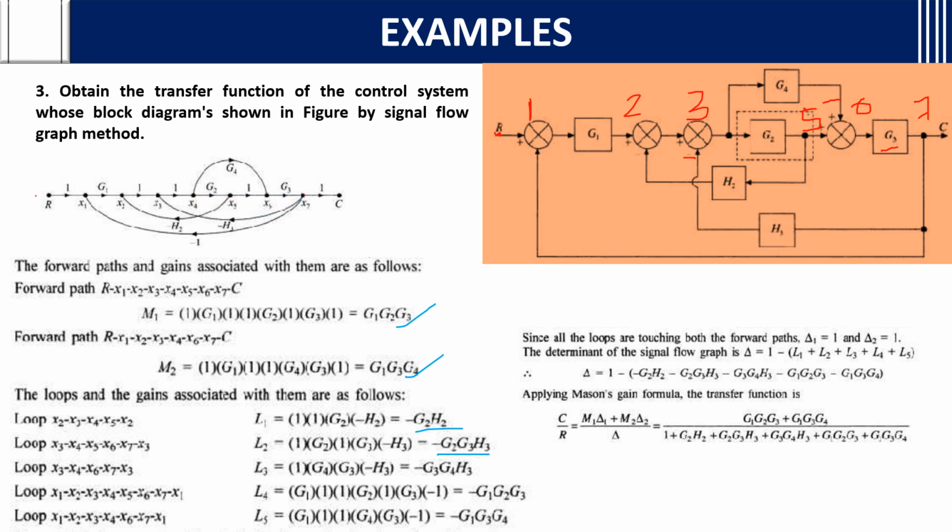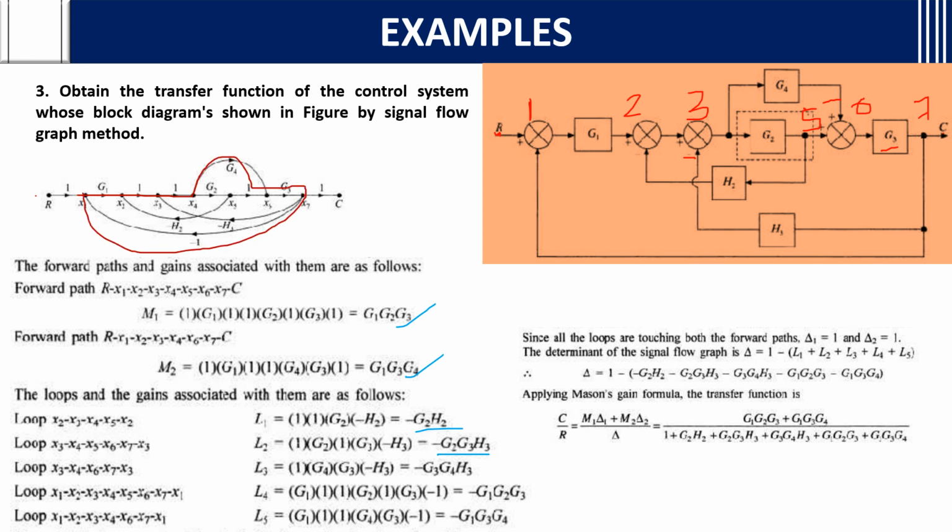The next loop you have is x1, x2, x3, x4, x5, x6, x7. This is one more loop. If you see correctly, this looks like one more loop.